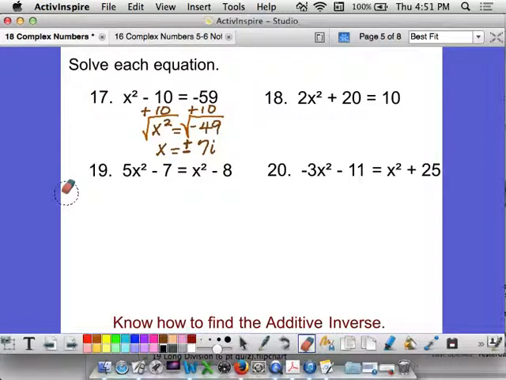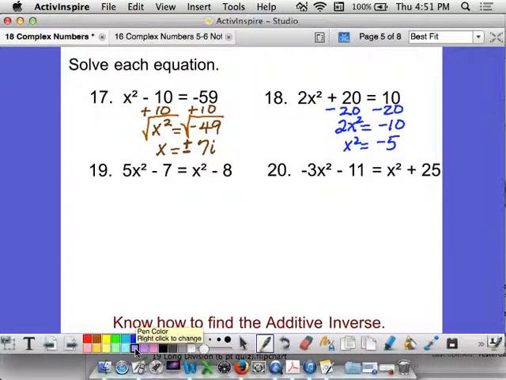Okay, so on number 18, again, I'm going to solve. So I'm going to subtract 20 from both sides. So I have 2x squared is equal to negative 10, and then divide by 2, so x squared is equal to negative 5. Now to undo that squared, I'm going to take the square root of both sides.